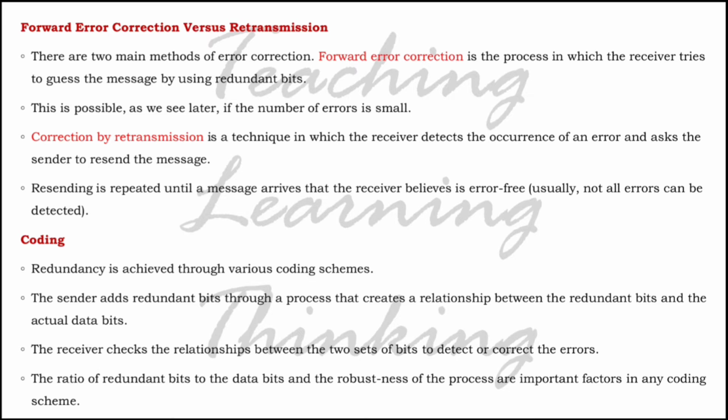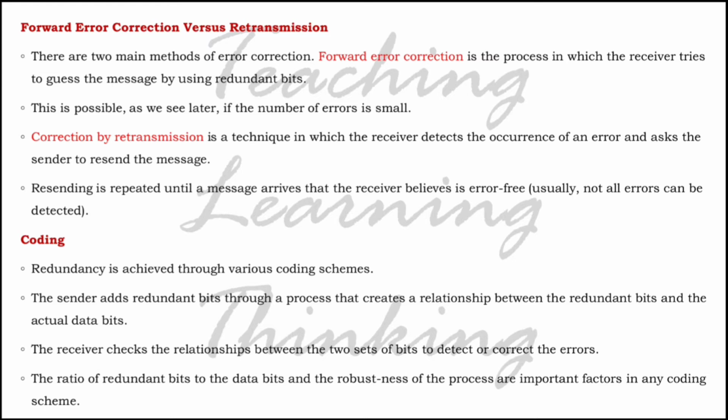Correction by retransmission is a technique in which the receiver detects the occurrence of an error and asks the sender to resend the message. The resending is repeated until a message arrives that the receiver believes is error free. Usually not all errors can be detected.